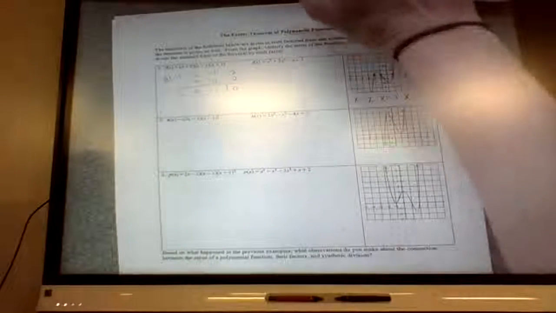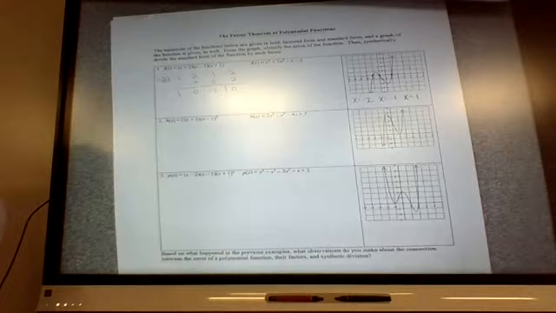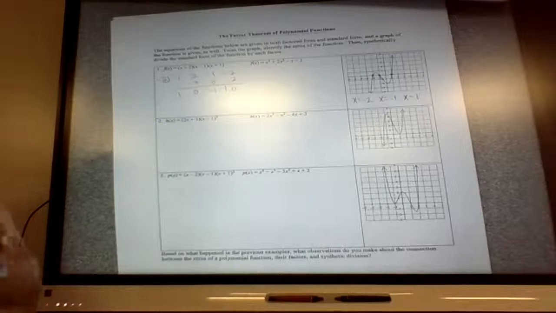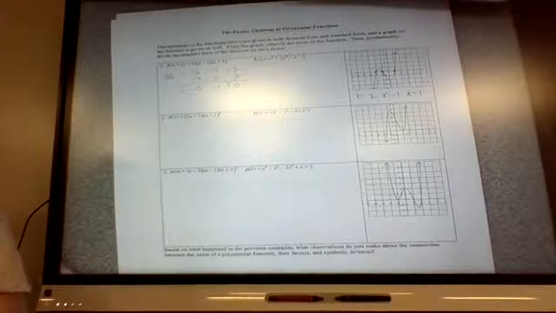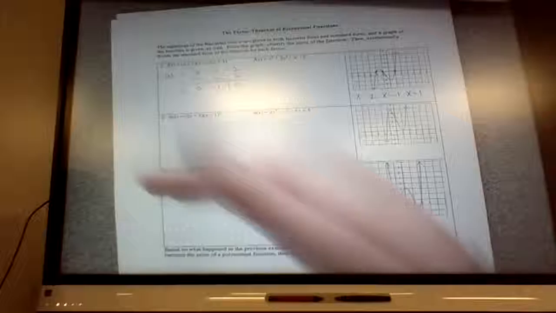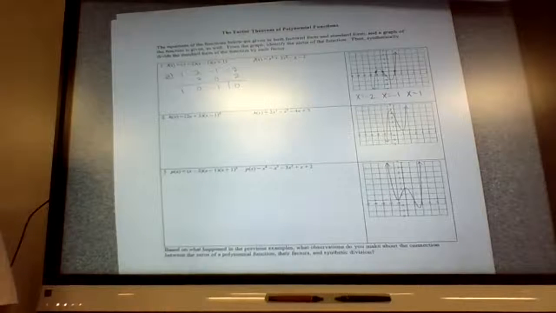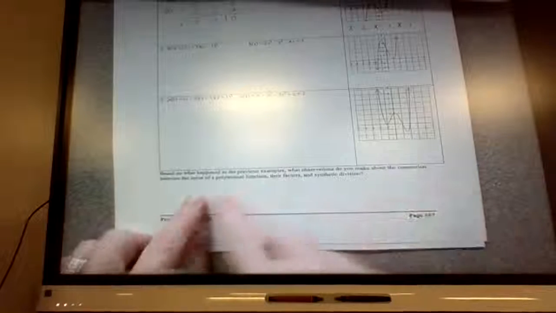Ta-da. Okay. So we kind of already knew this was going to happen. We don't really have to take the time to do 10 synthetic division problems. I think we can fill this out down here.